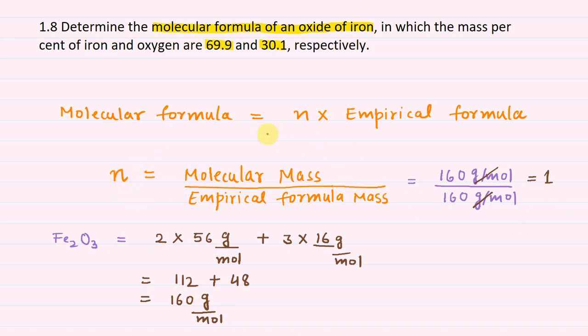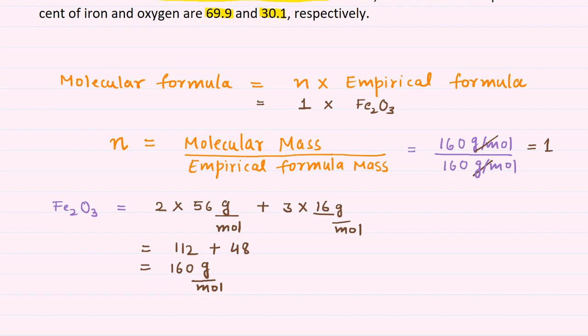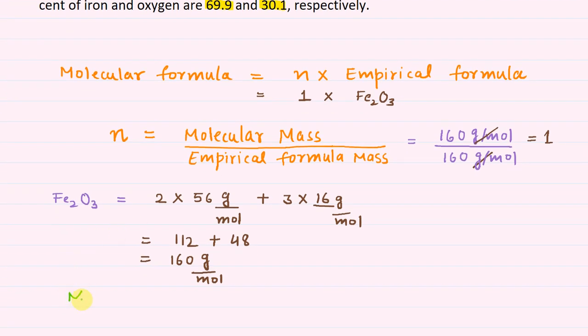So we just simply need to put 1 here and the empirical formula here, that is Fe2O3. On multiplying this, we are getting the molecular formula as Fe2O3. It is the same only.